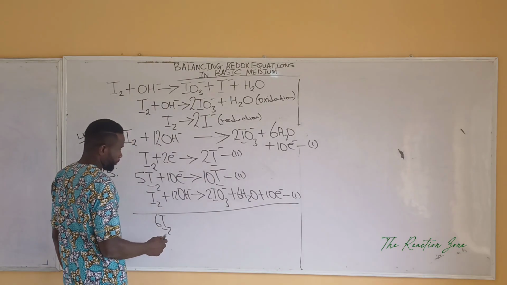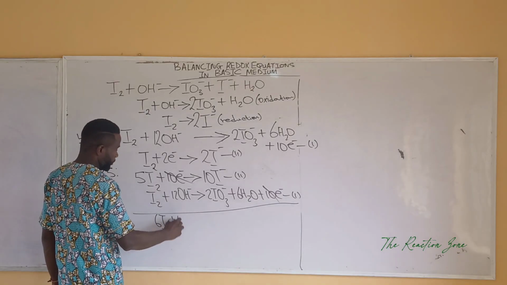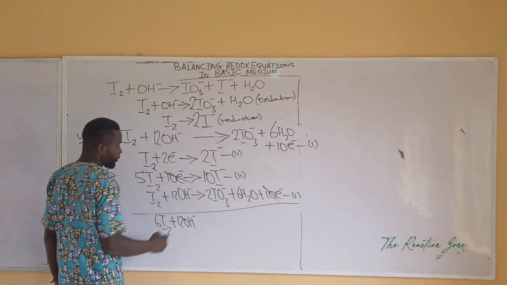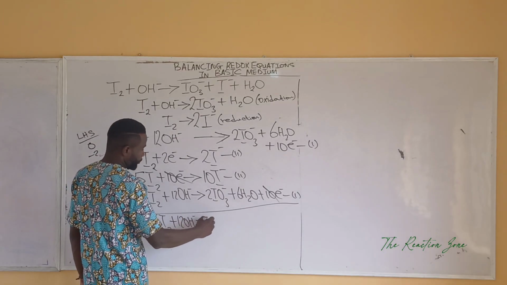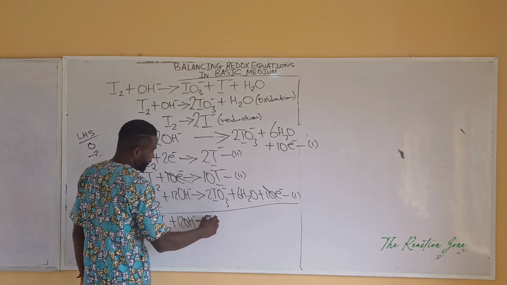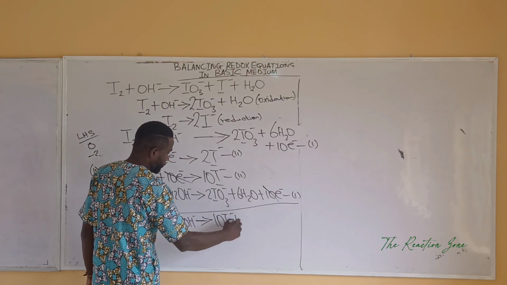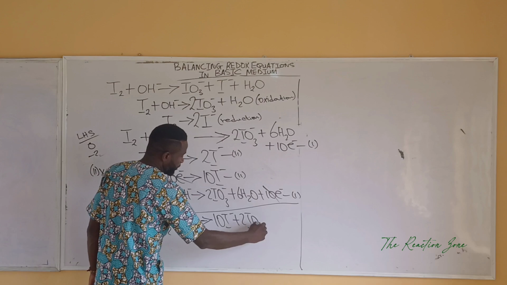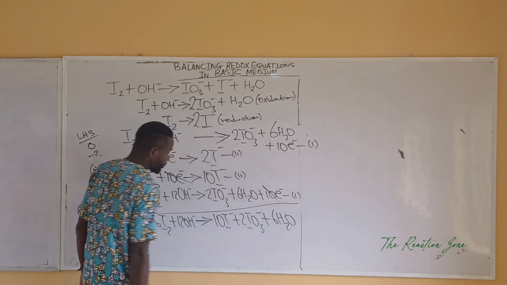And then, the electrons will cancel out, plus 12OH minus, and put the arrow sign. Here you have 10I minus plus 2IO3 minus plus 6H2O.